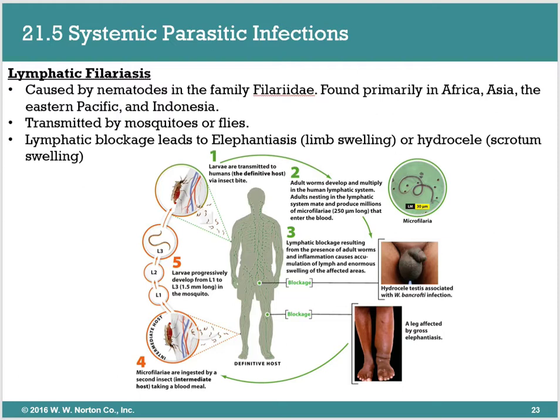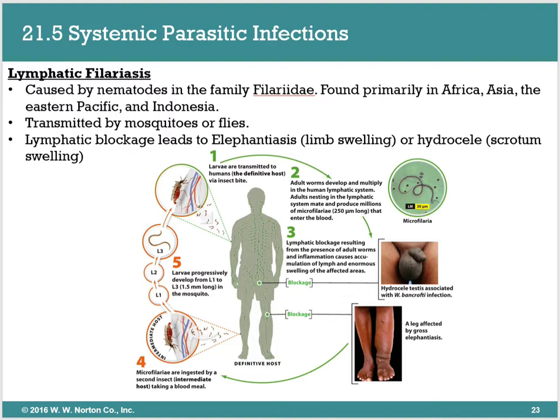So now we're going to talk about lymphatic filariasis. So this is caused by a nematode, and y'all probably know it as like causing elephantiasis. So this is primarily found in Africa, Asia, Pacific Islands, so like Indonesia, Philippines, that area. It is transmitted through mosquito or fly bites.